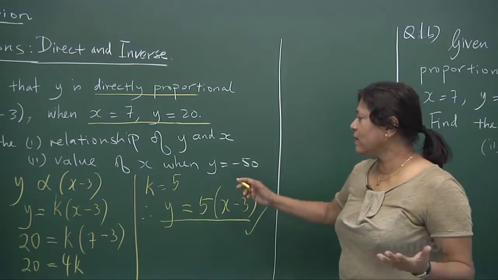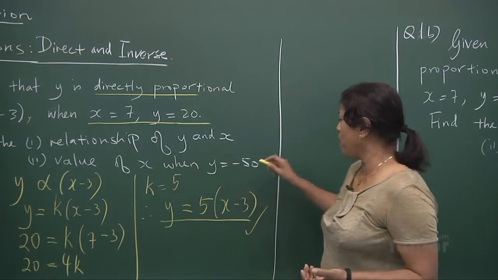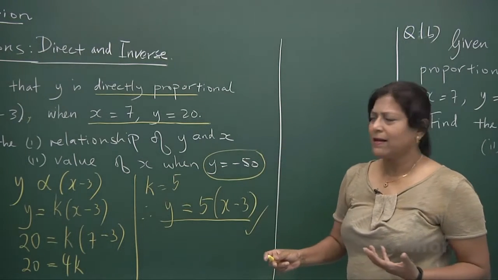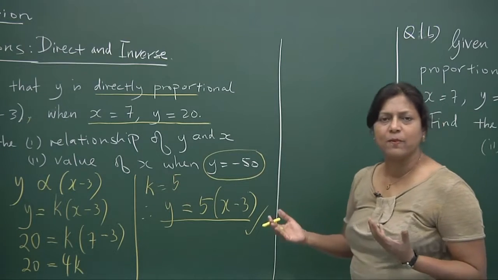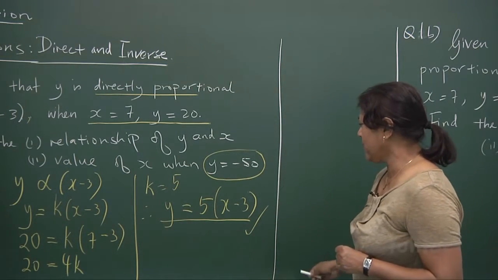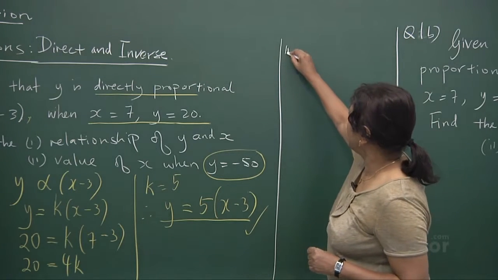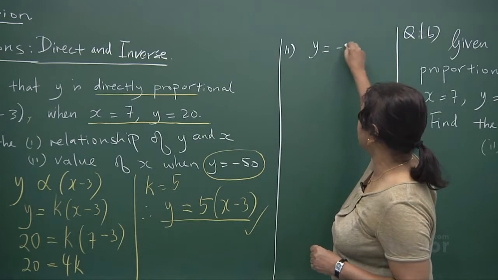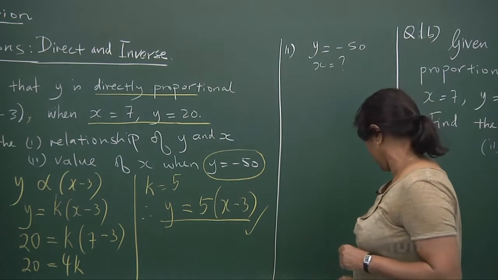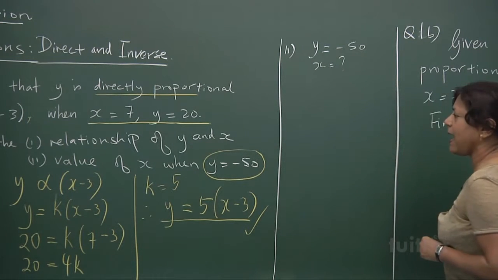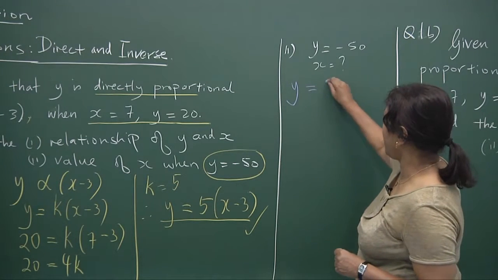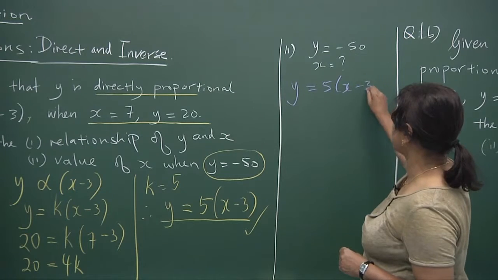Next, what is the value of x when y is minus 50? There is a direct relationship. Part 2: when y is minus 50, you want to find out what x is. Y is here, 5 times (x minus 3).